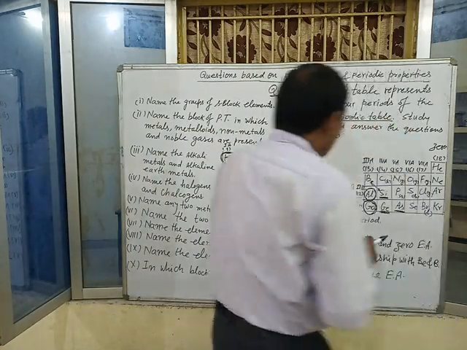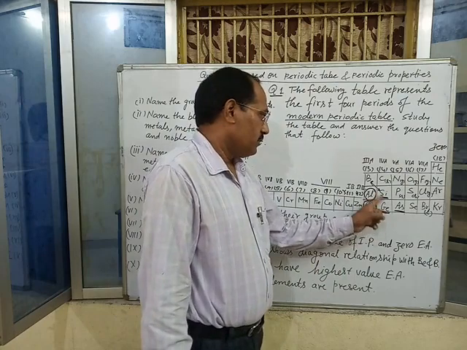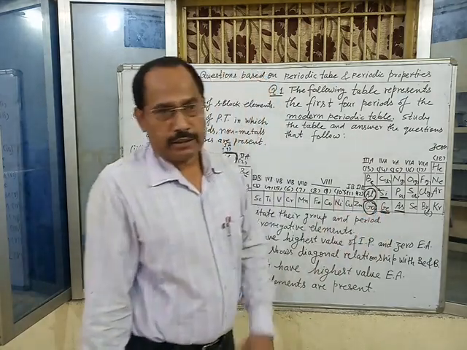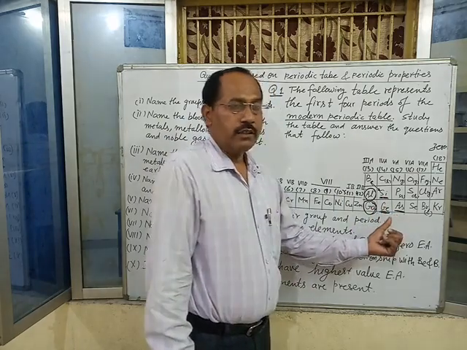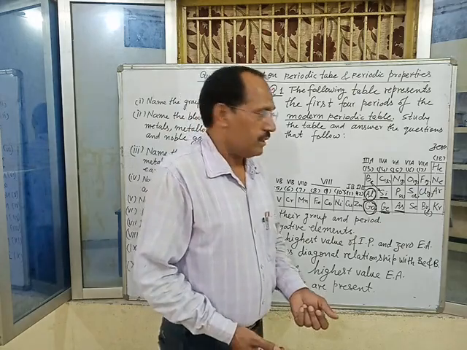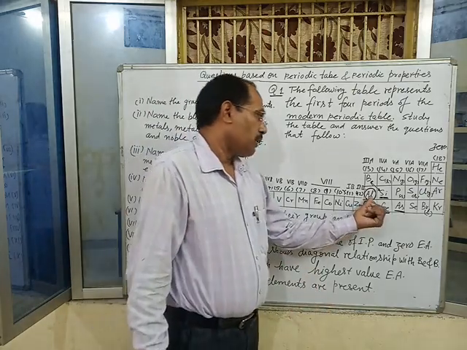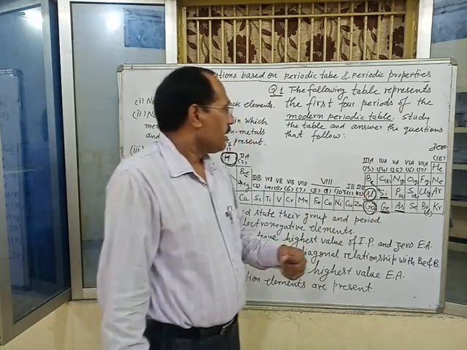In case of metalloids, all the metalloids form amphoteric oxides. All the metalloids, silicon, germanium and arsenic, their oxides are amphoteric in nature. Aluminium is a metal, its oxide is also amphoteric in nature.